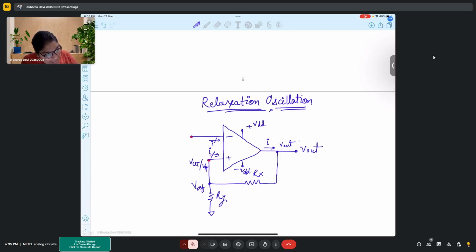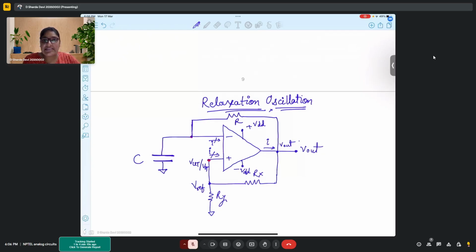So that is the idea. So how about we connect a capacitor over here? Let's say we connect a capacitor over here in input and followed by a resistor which is also connected to my output. Okay, this R.